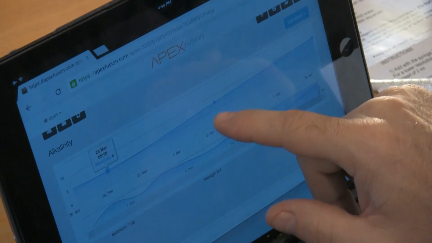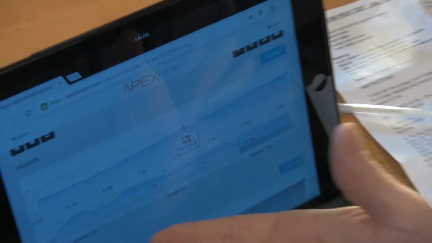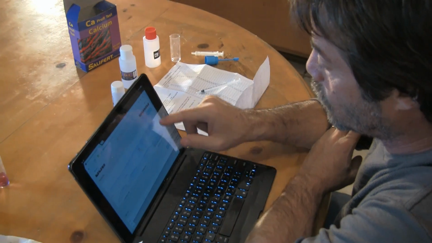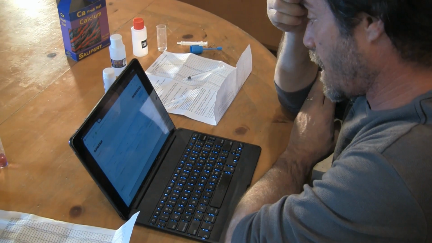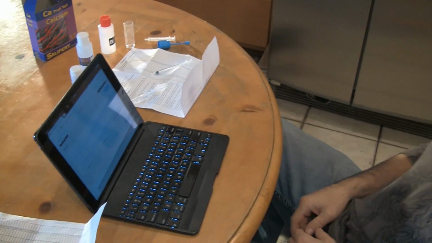And on or about the 3rd of April, I had an alkalinity of 9. So the calcium reactor at that point raised my level back up, and over the course of the last 6 days, it's brought it up from 9 to 10.2. So what that tells me now is that I need to slow the rate of effluent coming out of the reactor.